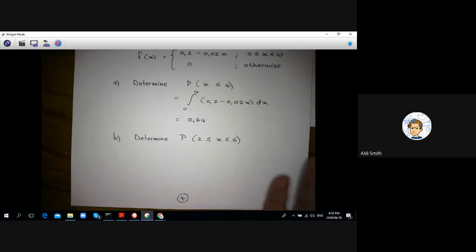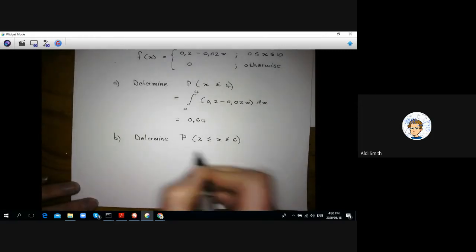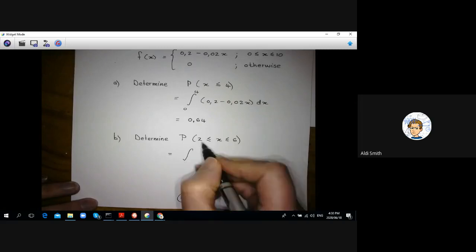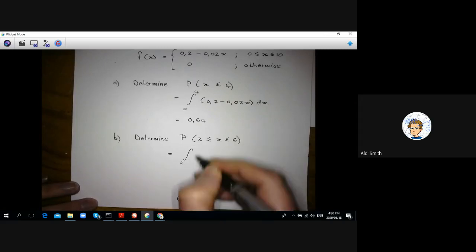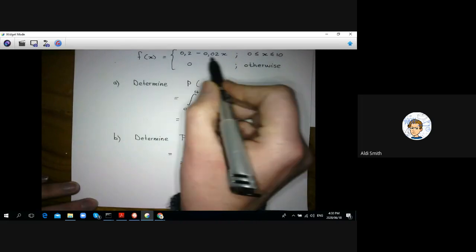Then this one as well, the probability in this probability density function, again, is the integral, the area underneath the curve, from 2 to 6 of that one that they defined.